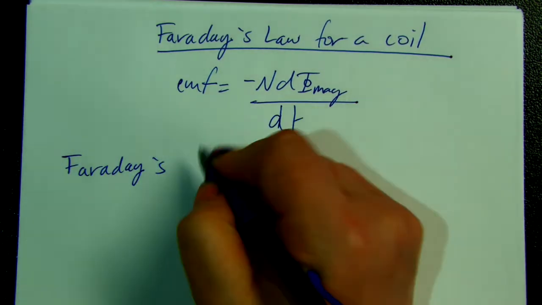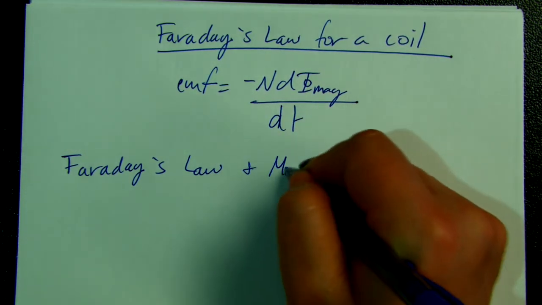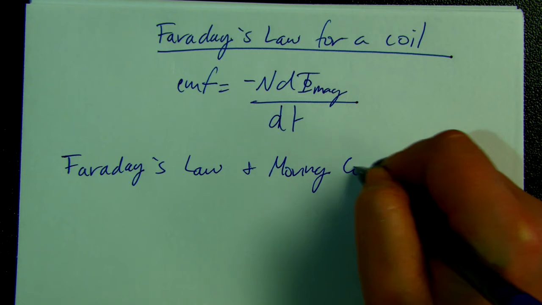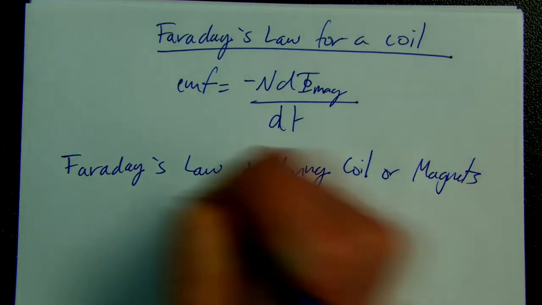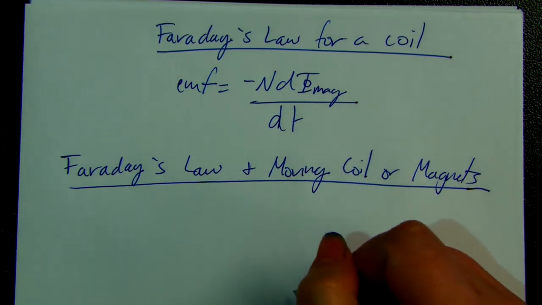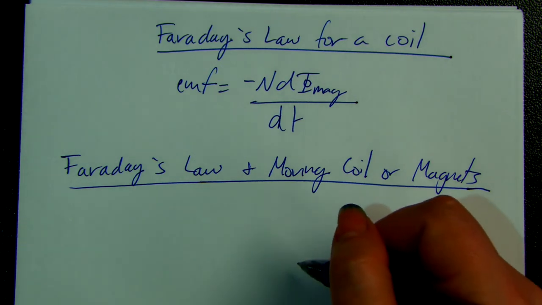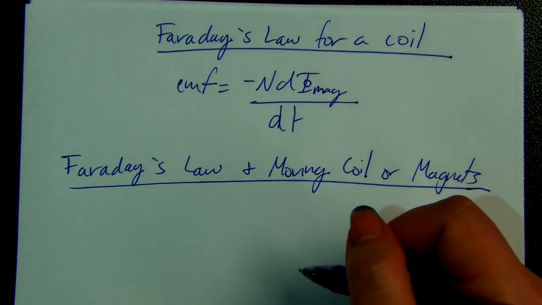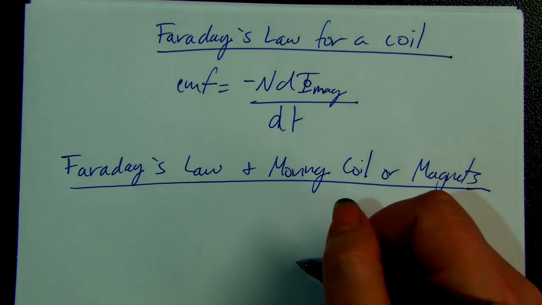Faraday's law and a moving coil or magnets. I do have a couple more examples in this particular section, some of which have moving magnets and some of which are the typical variation we've been seeing thus far in terms of applications of Faraday's law.